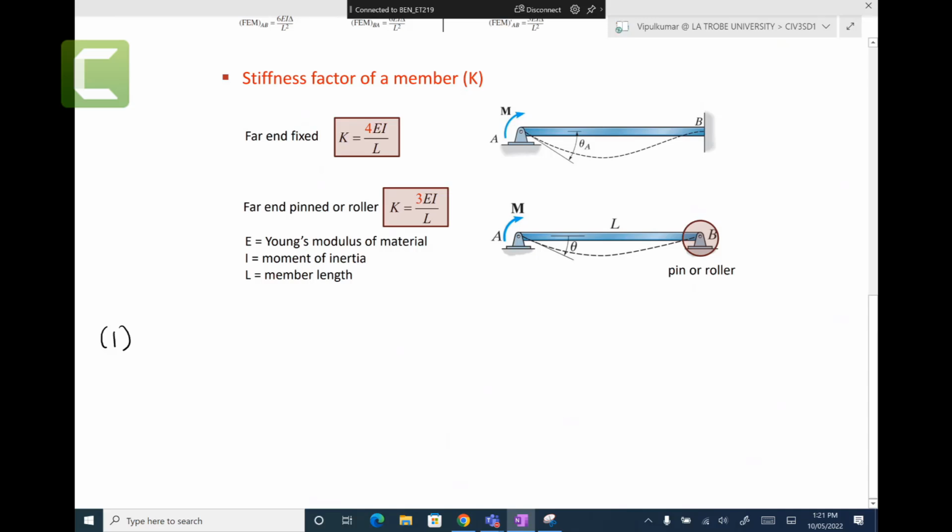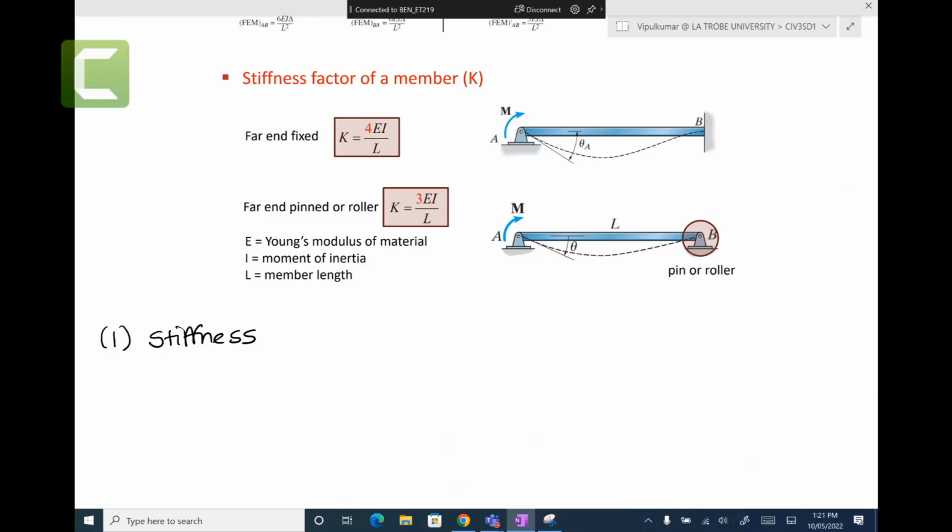First, we're going to find the stiffness. What is stiffness? Yesterday in the lectures, students said they did not hear about stiffness, but I think in the lectures we introduced stiffness.